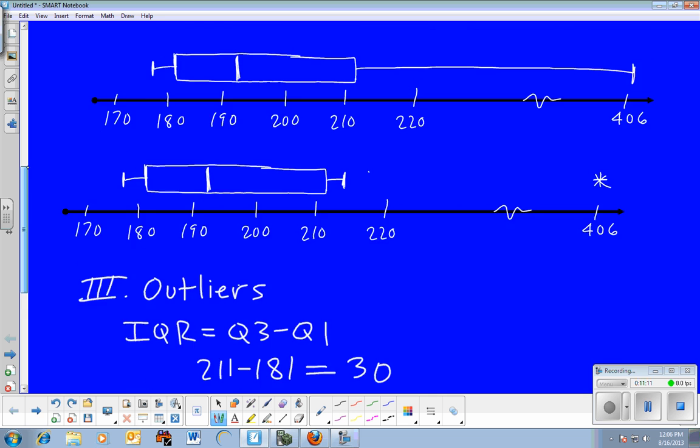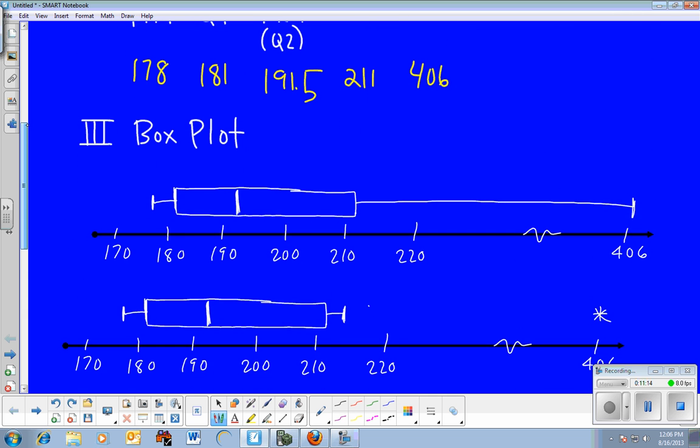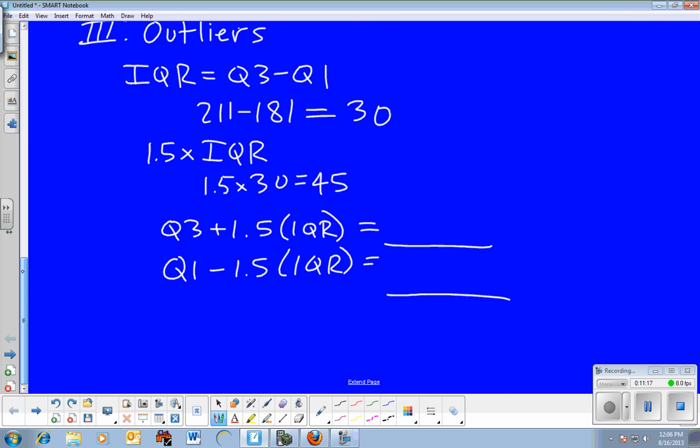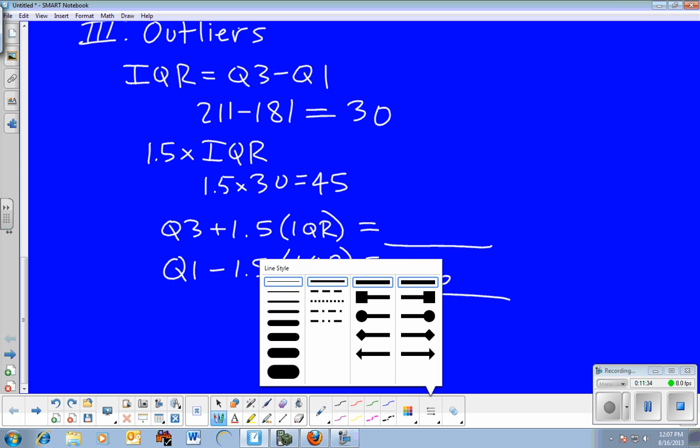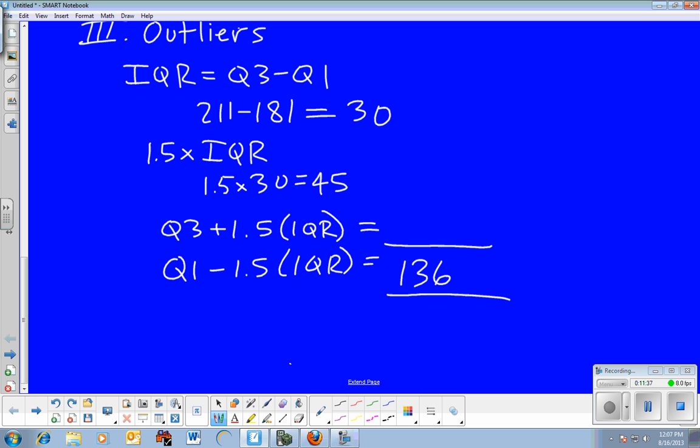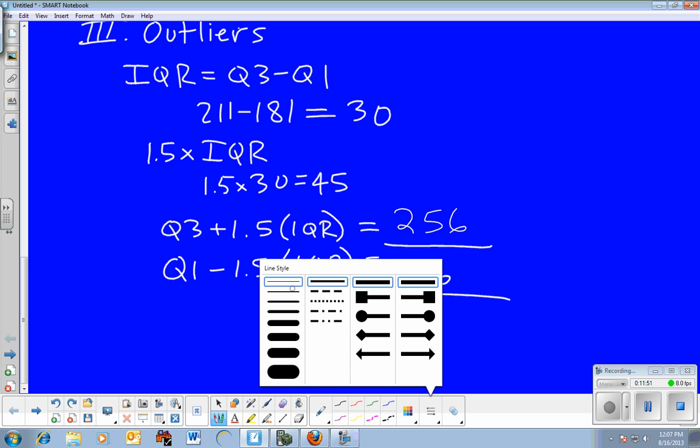We need to take 45 from 181. 181 minus 45 is 136. And we need to add that 45 to Q3. Q3 was 211, and 211 plus 45 is 256.